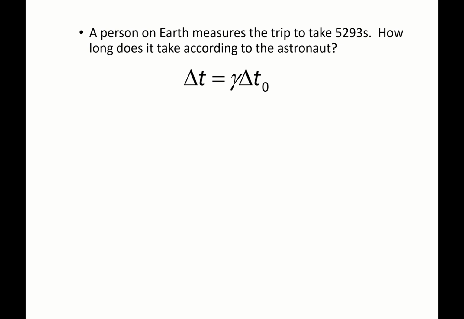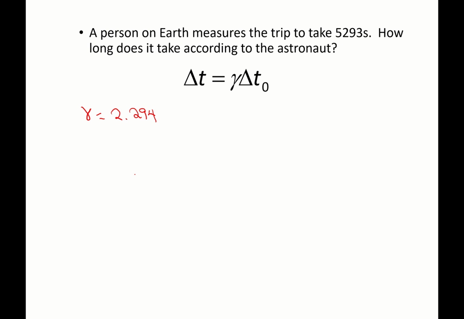Okay, so let's now think about time. So if the person on Earth measures the trip to take 5,293 seconds, how long does it take according to the astronaut? And so let's remind ourselves that our gamma was 2.294. And so now we've got to think about who measures the proper time. Right?